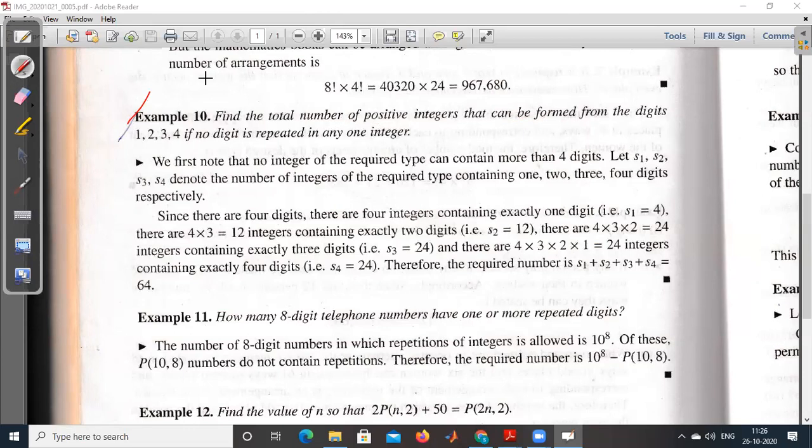Okay, so how many digits are there? Four digits are there now. So we can get one digit numbers and two digit numbers, and three digit numbers and four digit numbers.